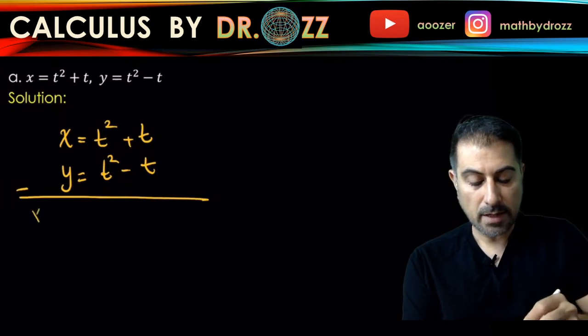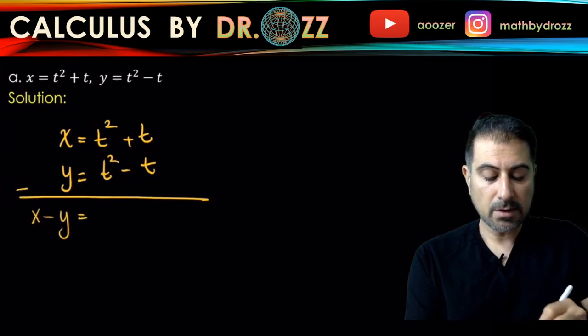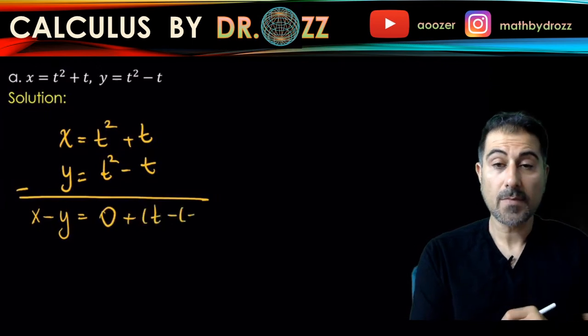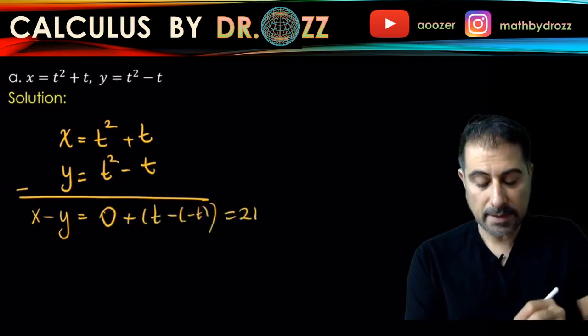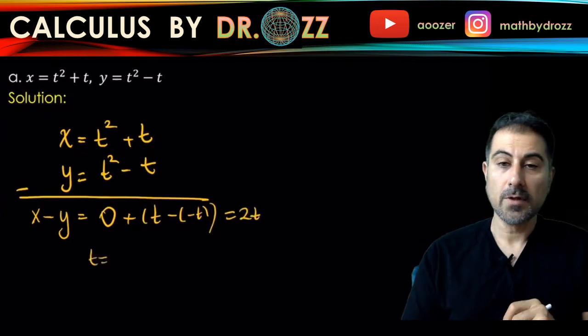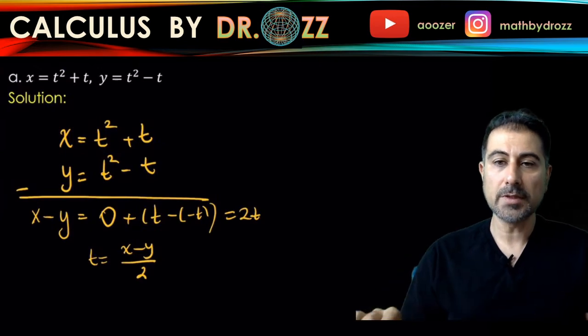On the right, I have t squared minus t squared, which is 0, and t minus minus t, which is in fact 2t. This implies that t is in fact x minus y over 2. So once t is written in terms of x minus y over 2, we can go back and plug this back into the equations.